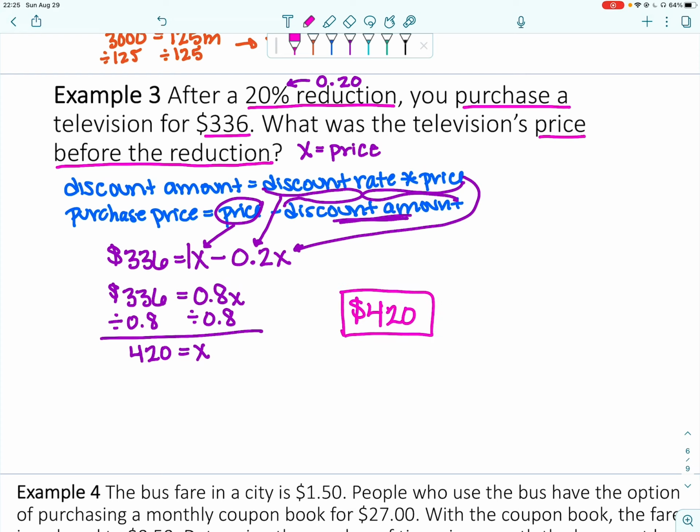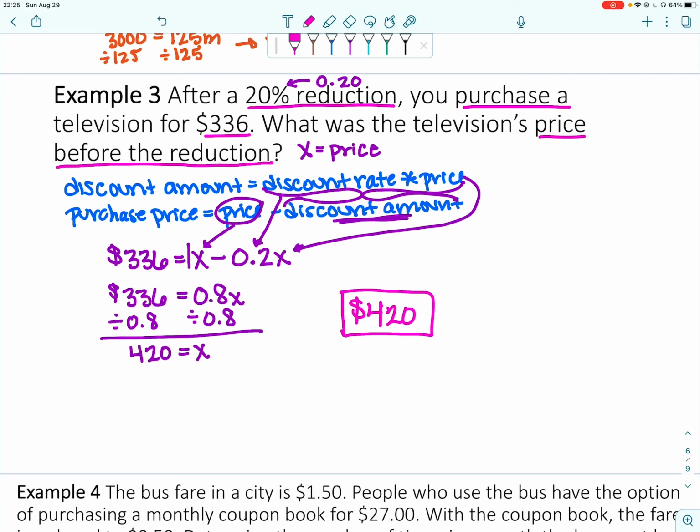We can ask ourselves if this answer makes sense. So this answer of $420 is supposed to be the price before the reduction, before the 20% discount. 420 is bigger than 336. So at least on that point, that makes sense.